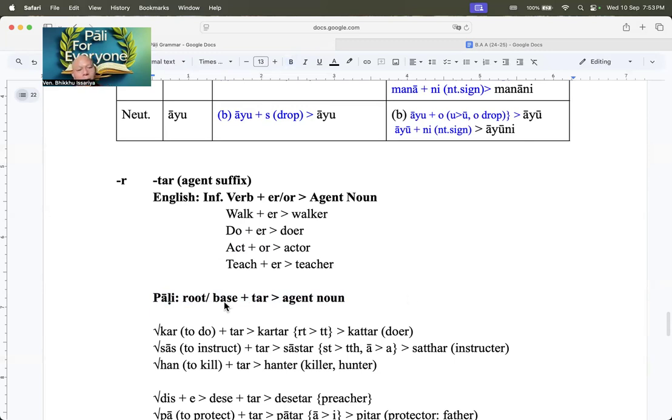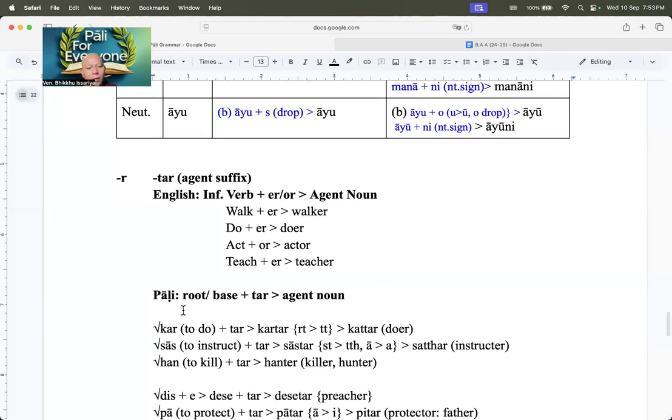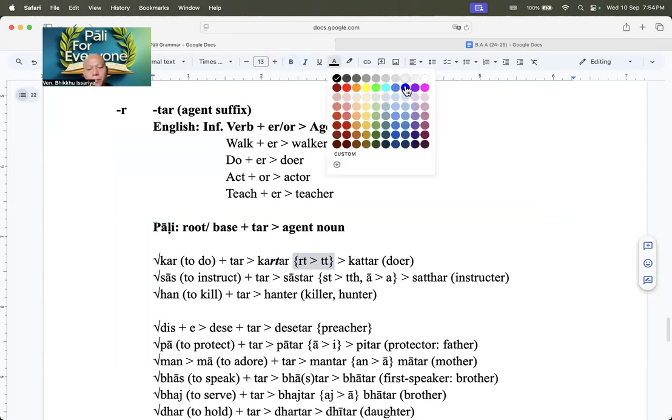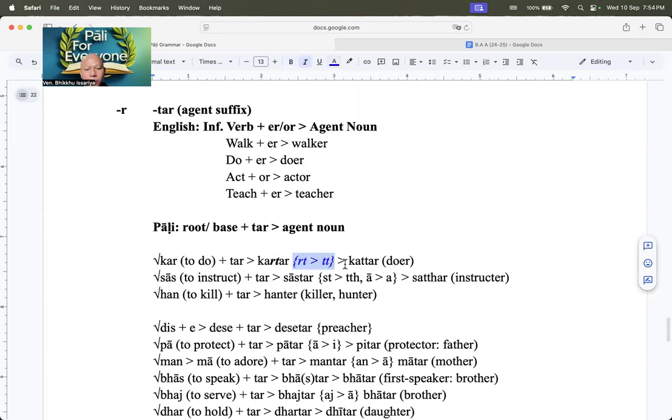So now in the agent nouns, for example here, kar, and kar means to do, by adding the dar. So kar-ta, but in Pali such a double consonant, different consonants, we don't use. If they are different, then they are made the same. So that is why we have kata, rada become the dada, doer. Okay. So to, sas. Sas means to instruct.